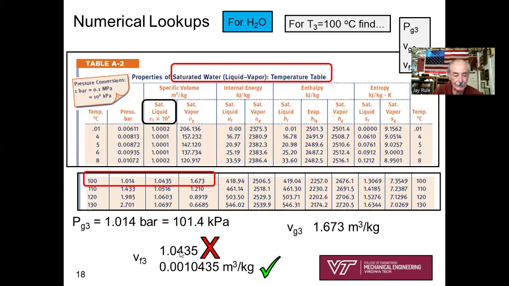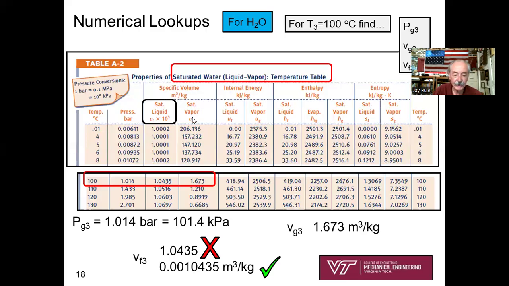This is a little tricky on this temperature table. For saturated liquid, I've got to move this number's decimal place 3 places to the left. So VF3 is the number 0.001035 cubic meters per kilogram. So that's what I'm going to write down.